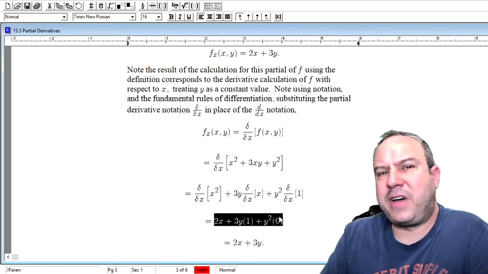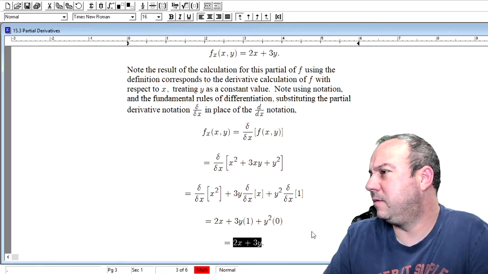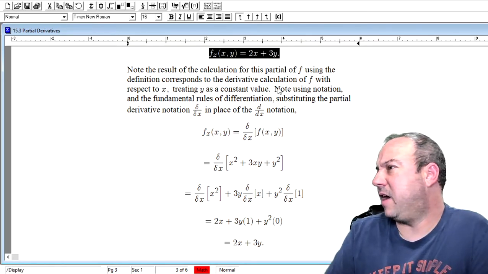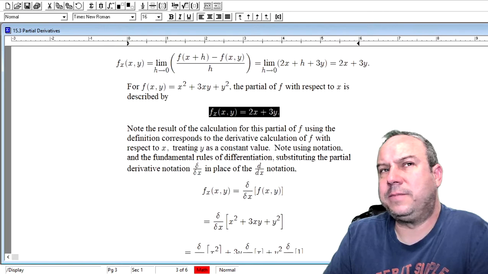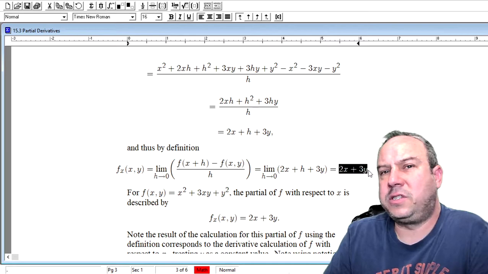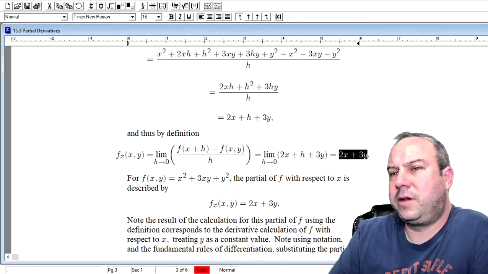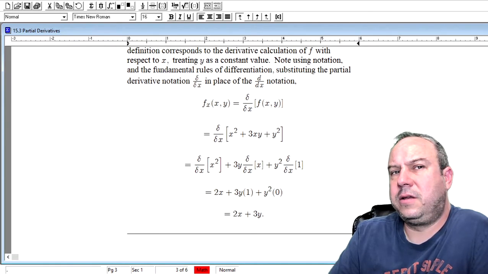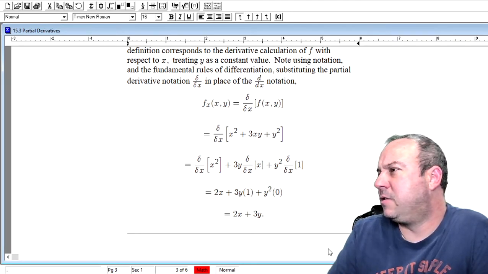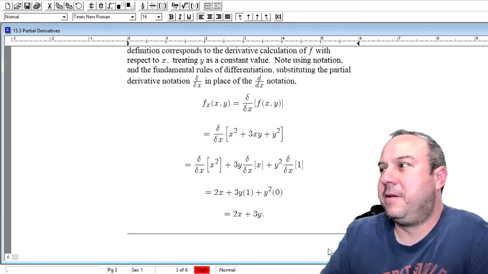Right? Simplifying this statement, you do just get 2x plus 3y. Right? And that is what we calculated above using the defined value for that first partial. That 2x plus 3y was this result we calculated right here, given above. Except here, we used some of our fundamental understanding of derivatives, or derivative rules from chapter 1, from our study of derivatives.